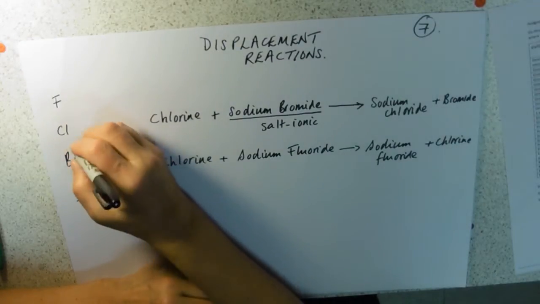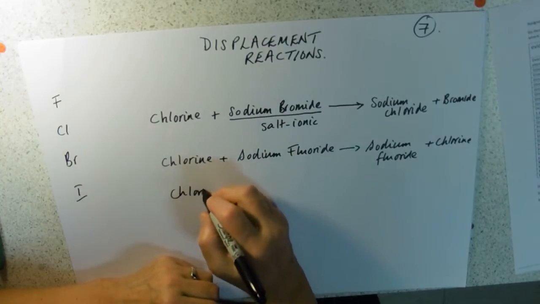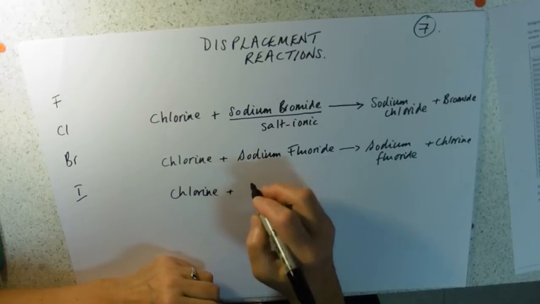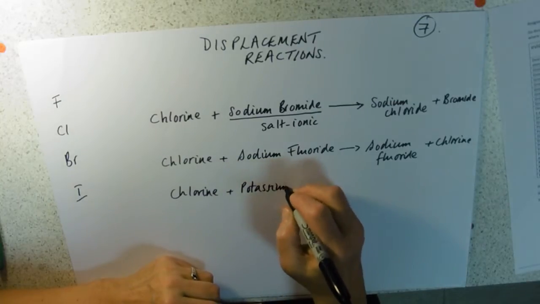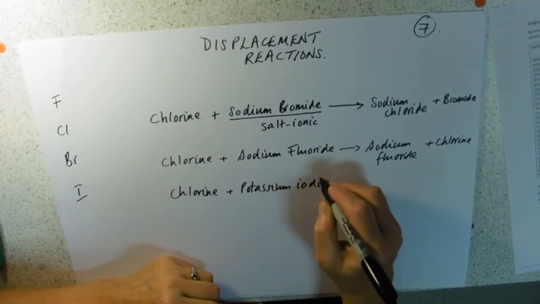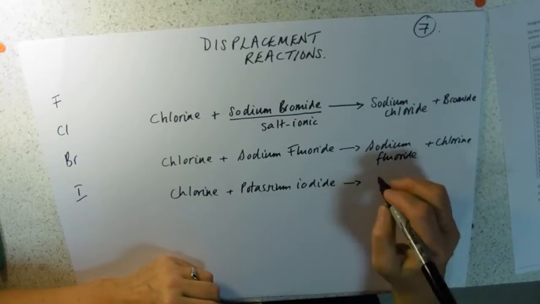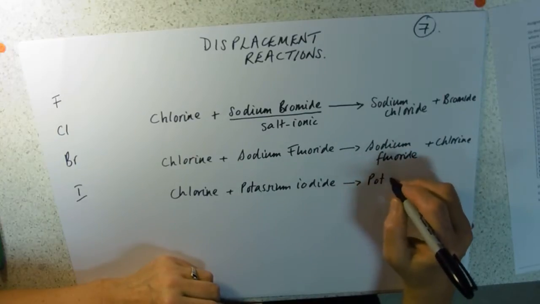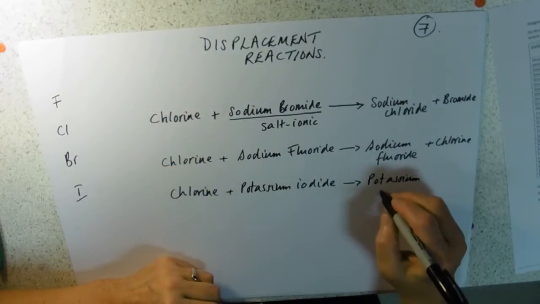However, coming down, if we did chlorine, let's do a potassium one this time, and potassium iodide, which is the salt of iodine, what we get is potassium chloride, because chlorine is more reactive than iodine.